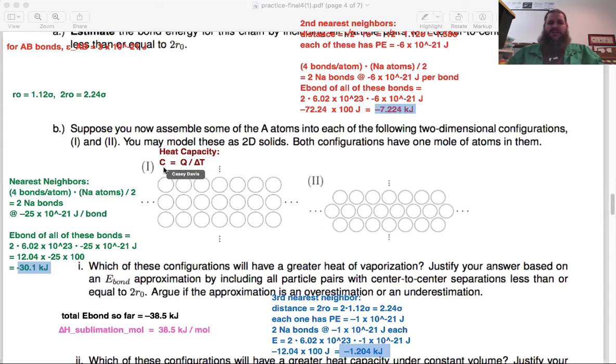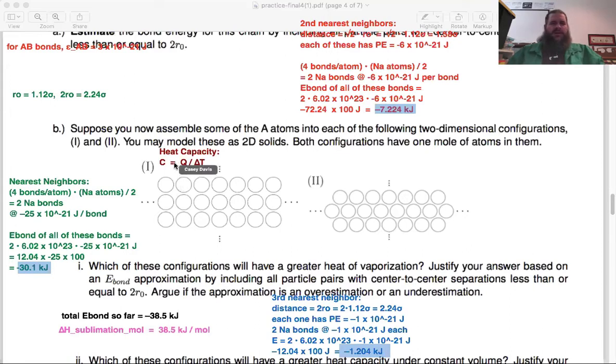A very large heat capacity means it's very difficult to change the temperature. A very small heat capacity means it's very easy to change the temperature. And the reason it's called heat capacity is that it can be thought of as how much energy, how much thermal energy the object can store per degree of temperature change.